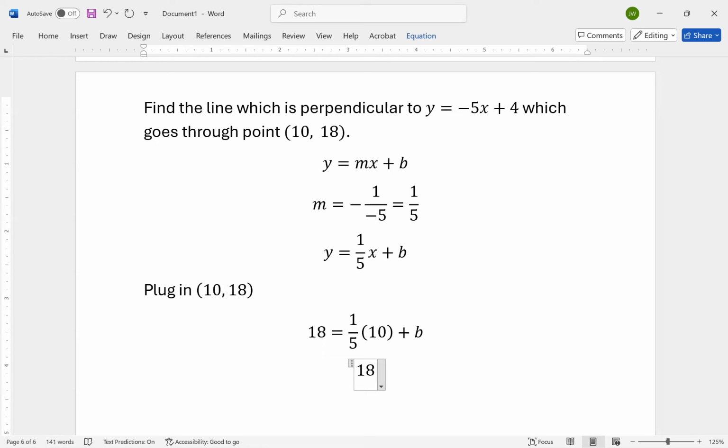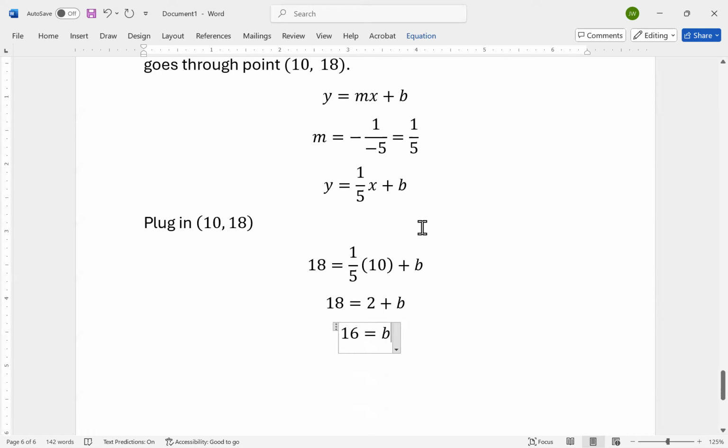So we get -18 is equal to 2 plus b. Subtracting 2 from both sides gives me that -20 is equal to b. And now I have both the slope and the b, which means I have everything I need to write down the equation. My equation is y is equal to positive 1/5 times x minus 20.